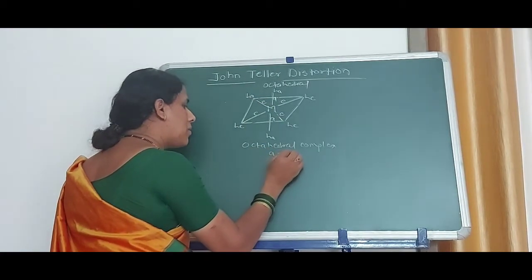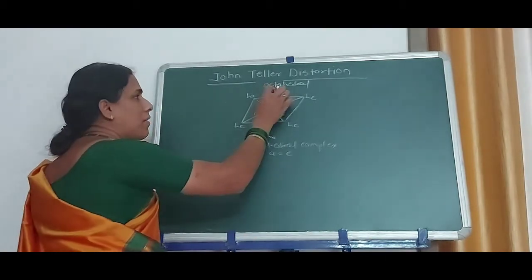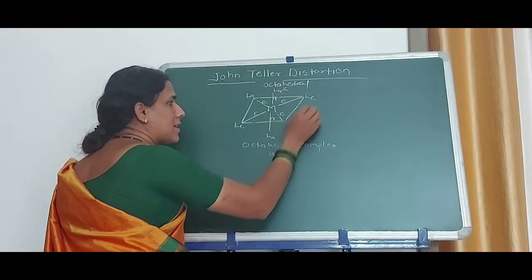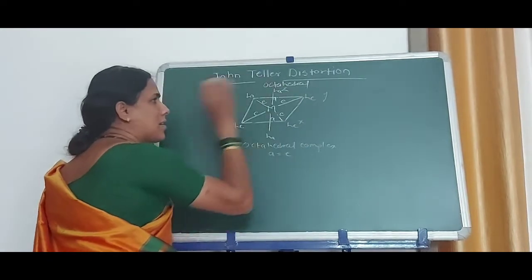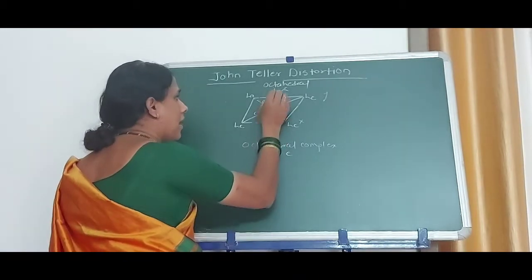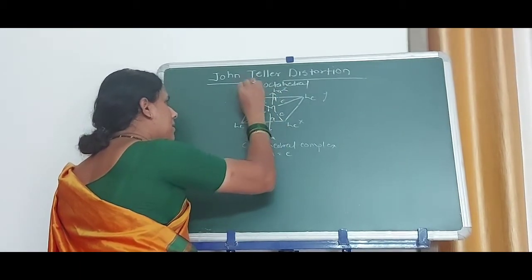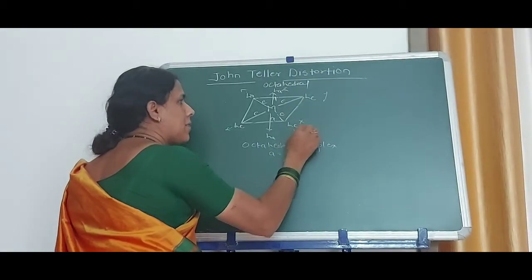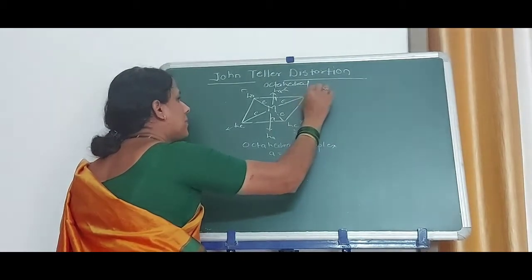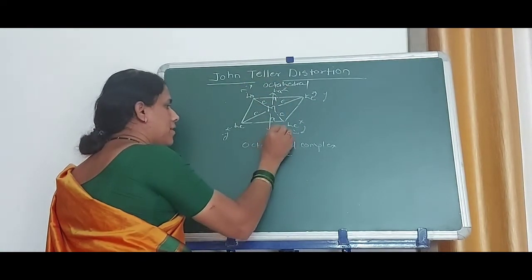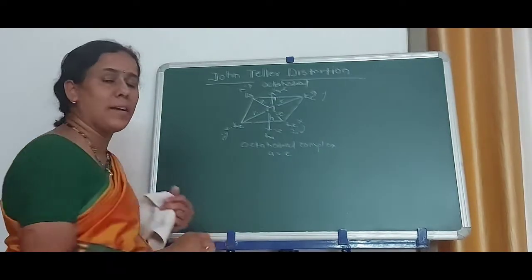That is, A is equal to E, whatever the ligand situated on the Z axis. This is the X axis, this is the Y axis, and this is the Z axis. The ligands in these positions are designated as X, minus X, Y, minus Y, and Z, minus Z. All the bond lengths are equal.